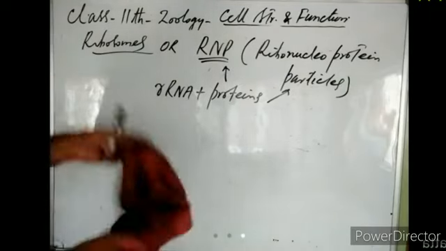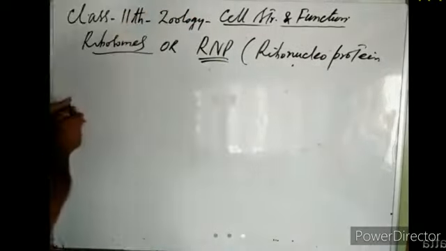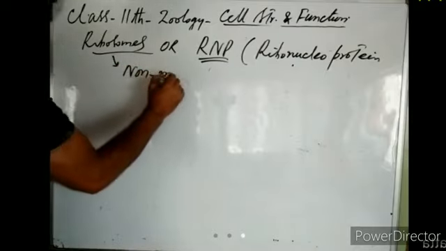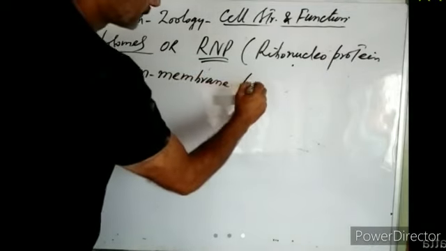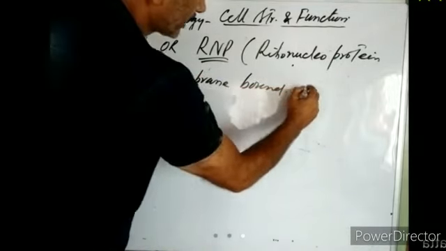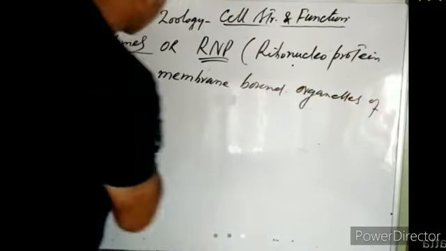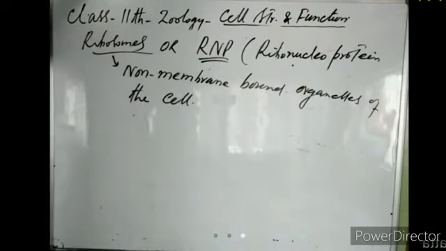These ribosomes are non-membrane bound organelles of the cell. They are not covered by any covering membrane.